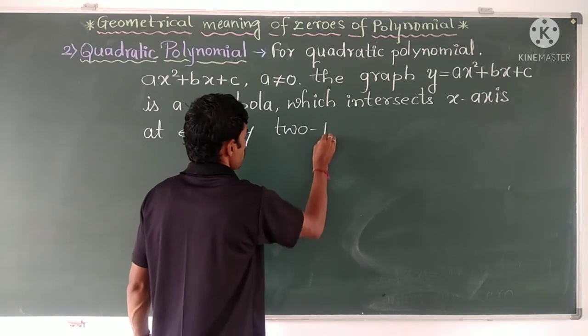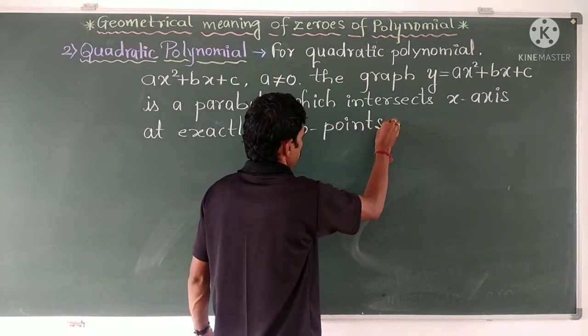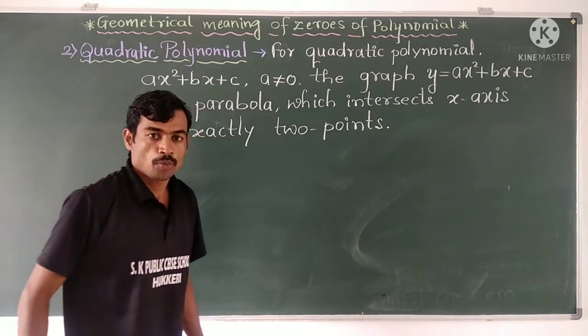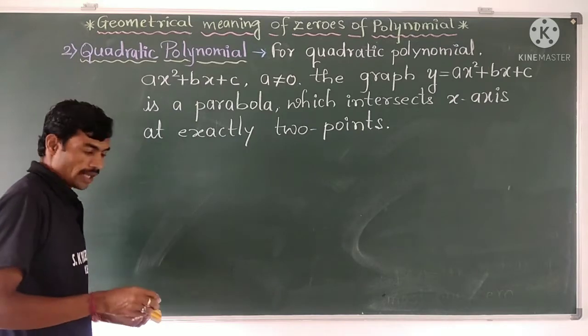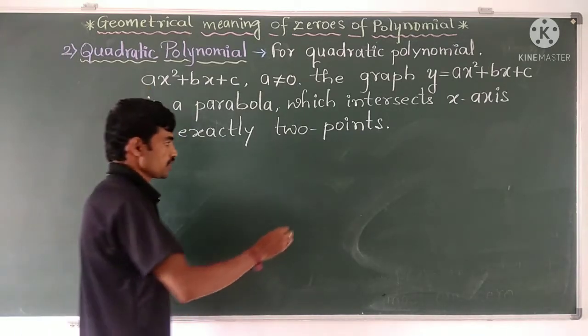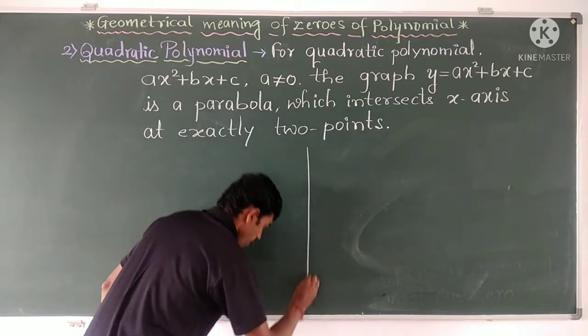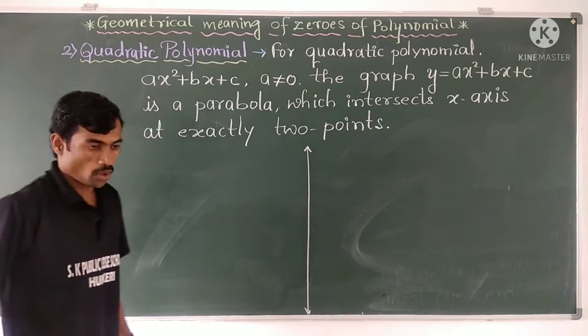How many points? 2 points. That's why a quadratic polynomial has at most 2 zeros. Clear? So, as we have seen in the linear polynomial, in the same way we need to construct the graph for the quadratic polynomial.